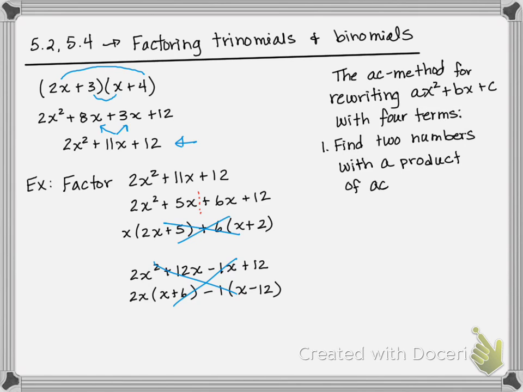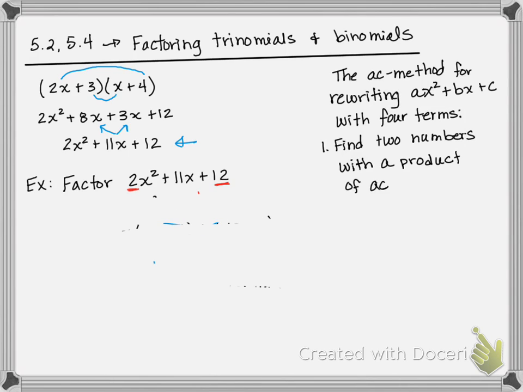So these 2 numbers that I find, when I multiply them, product means multiplication, I have to get the same thing that I get when I multiply the coefficient of x squared and the constant term. So in this case, AC would be 24, 2 times 12. This is my A, this is my C. So the 2 numbers I'm looking for, when I multiply them, I have to get the same thing that I get when I multiply that first number and the last number. And so that's one restriction they have to satisfy.